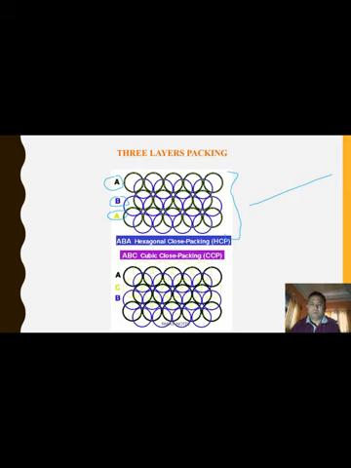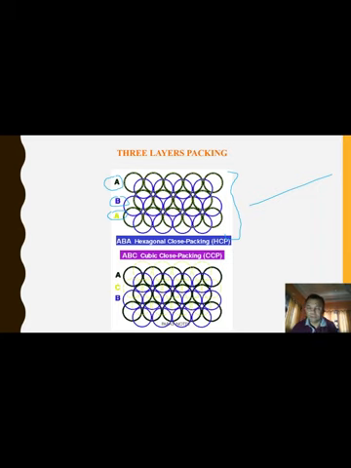Whereas now if you look at the other one, the first layer, as you can see, is hexagonal, and the second line is in the gap of the first one. Then the second layer is coming into a gap of the first layer. But the third layer which is coming will not lie exactly over the first layer, like in the previous case, A and A. The third layer will also be different from the first layer.